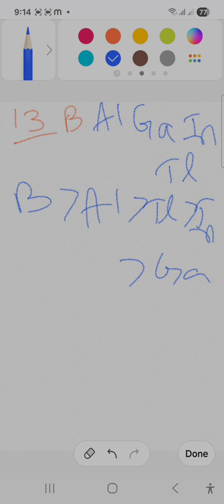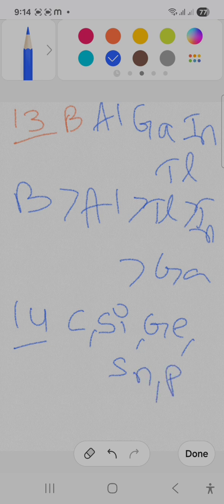And the 14th group, for suppose, what are the elements? Carbon, silicon, germanium, tin, lead. For this, how to write these elements?